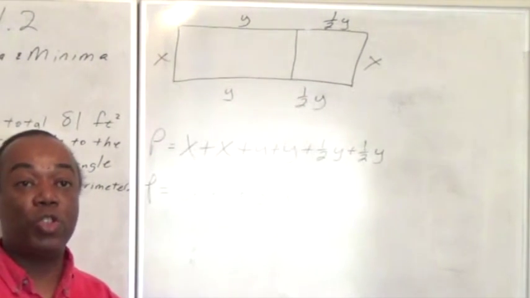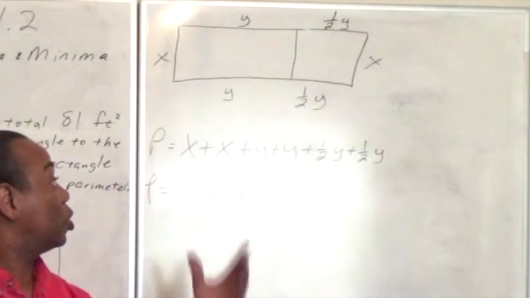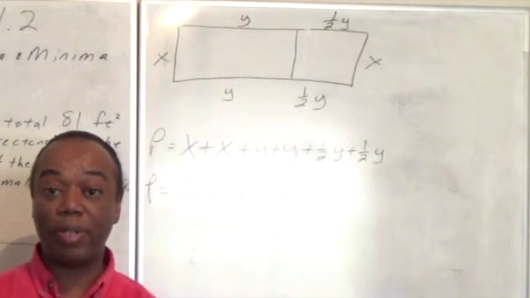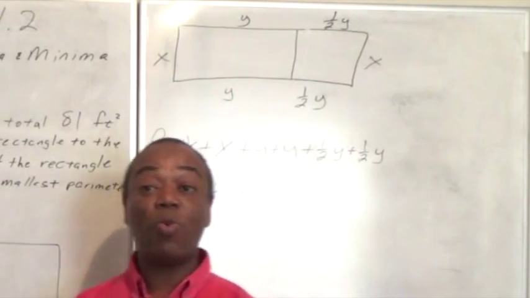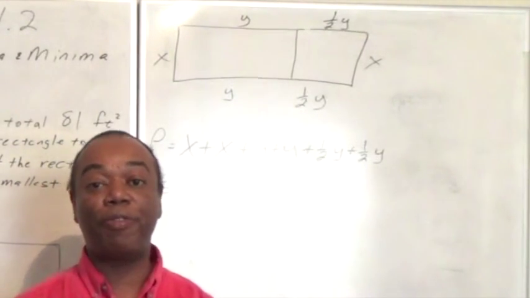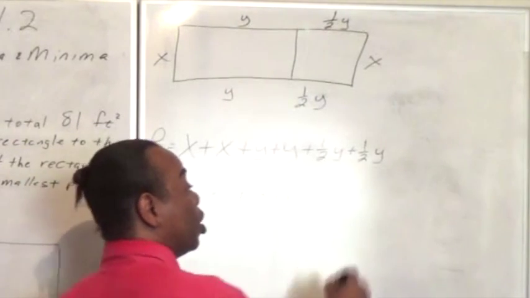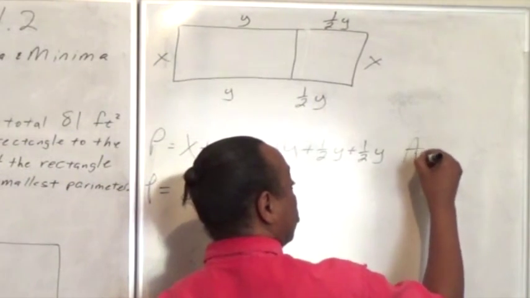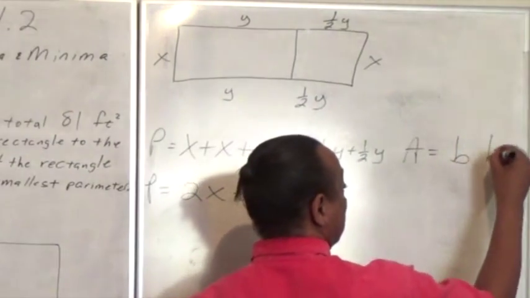The way that I'm going to replace one of these variables is to find more information about this rectangle that's more permanent. We know that the area is going to be 81 square feet, and we know the area formula for any rectangle. The area formula for any rectangle will be base times the height.